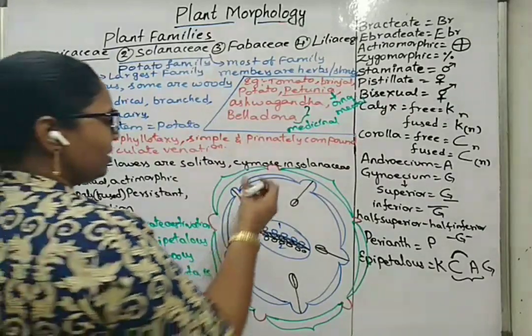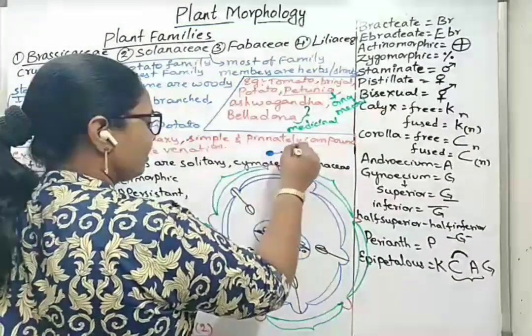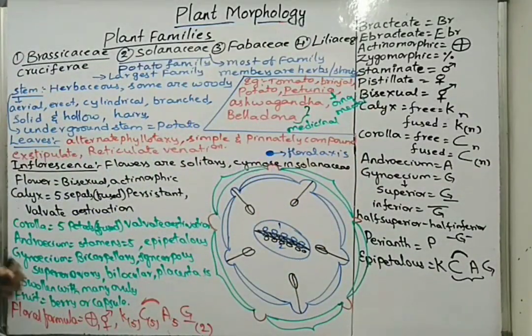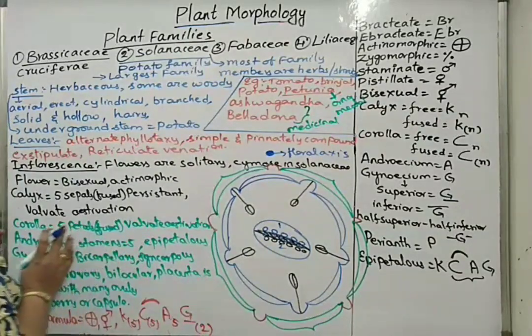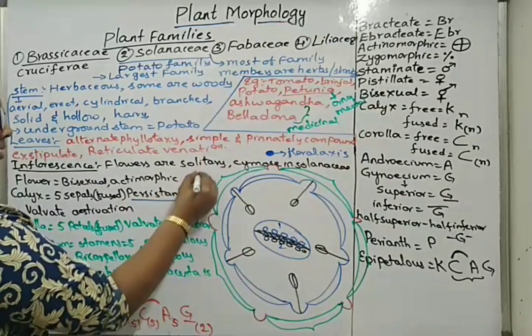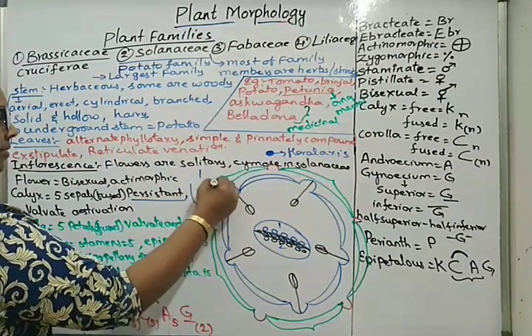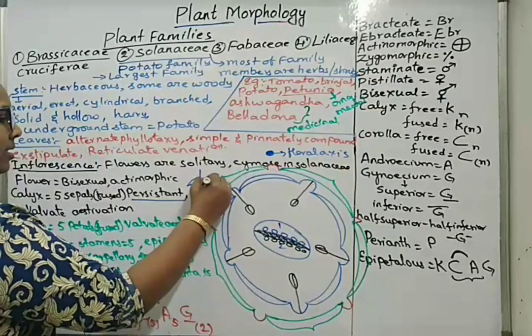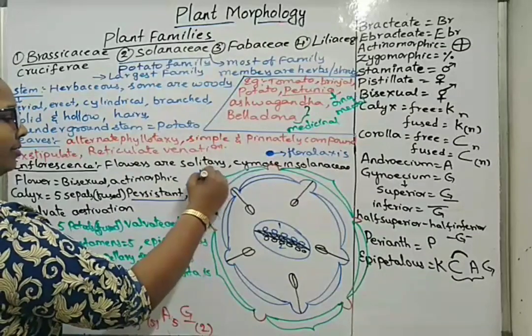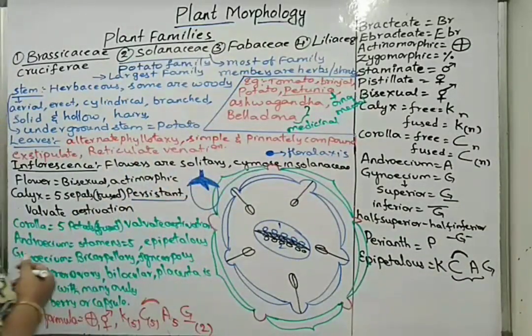Here the floral axis is very important, so this will be the floral axis. Based on the floral axis, we represent the positions of the internal floral parts. In brinjal, we see the calyx is persistent, meaning the calyx is present throughout the existence of the total fruit. So this is about Solanaceae family members.